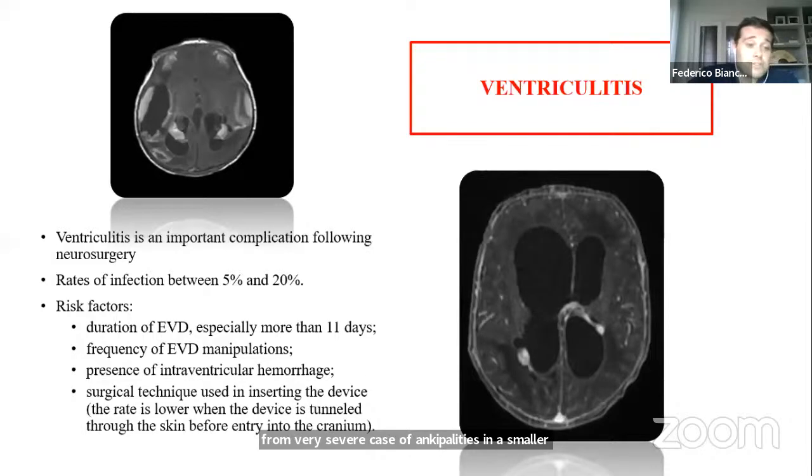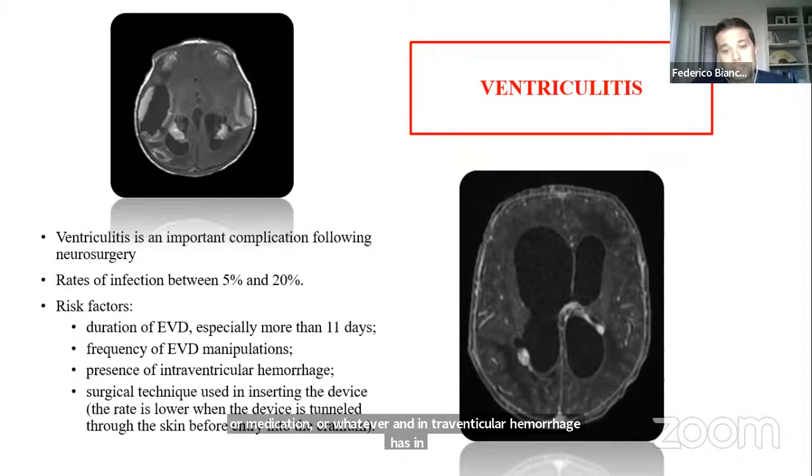The major risk factors are the duration of EVD placement, especially if it lasts more than 11 days, and the frequency of EVD manipulation to take samples or give medication. Intraventricular hemorrhage, as in the previously presented case, might also represent a risk factor for developing ventriculitis. It's important to remember, whenever putting in an EVD, to tunnel the device through the skin as far as possible from the surgical wound.